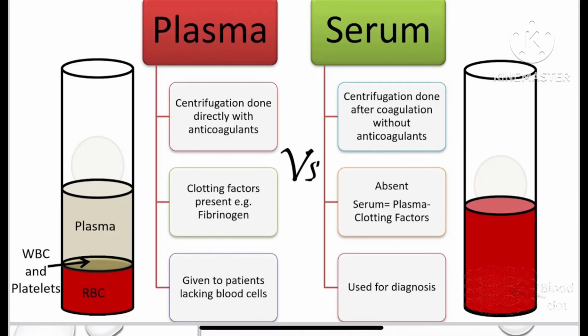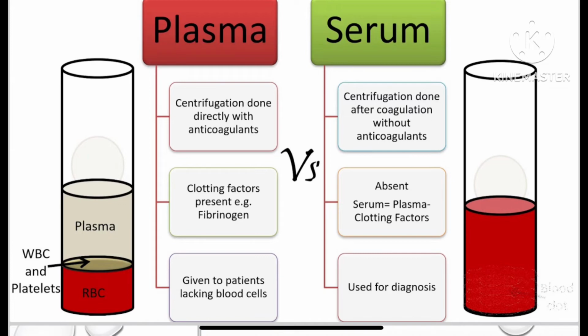So that area there on top is the plasma. It is the main component of blood and consists mostly of water with proteins, ions, nutrients, and wastes mixed in. In between the plasma and the packed red blood cell, there is what we call the buffy coat area where you can see the WBC and the platelets.